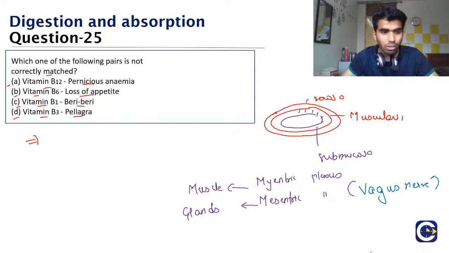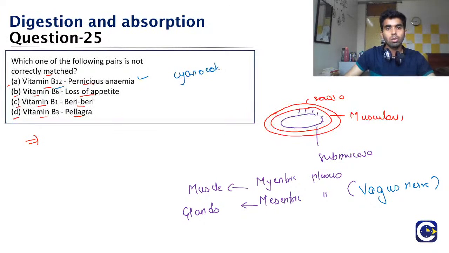Yes, all of you are very smart. You have given the answer before I have explained. Let us see. I have told you about pernicious anemia. What is the name of vitamin B12? It is cyanocobalamin. Okay, it is also important for the exam.